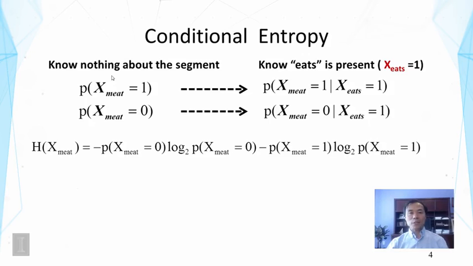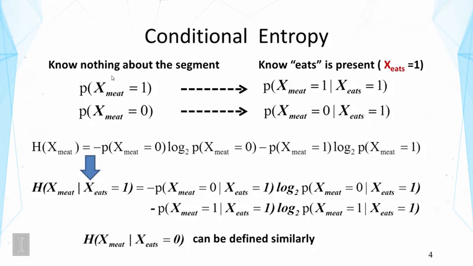So as a result, if we replace these probabilities with their corresponding conditional probabilities in the entropy function, we will get the conditional entropy. So this equation shown here would be the conditional entropy, conditional on the presence of eats, right? So you can see this is essentially the same entropy function as you have seen before, except that all the probabilities now have a condition.